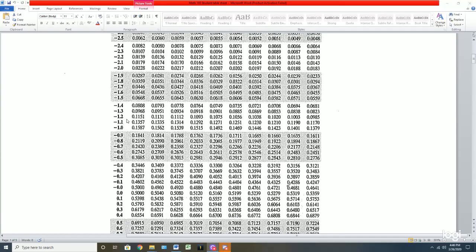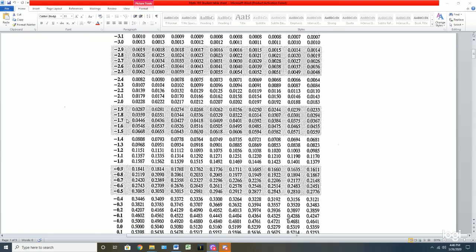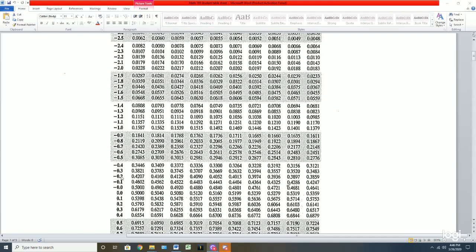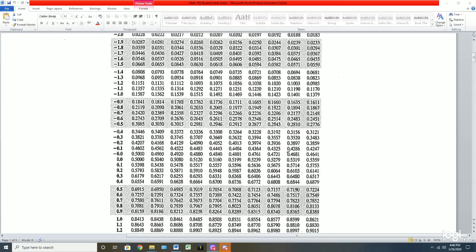Since it's negative, I go up here now to negative 0.2, which is right here. Negative 0.2 is my first two numbers, and the last number is a 3. So the area I'm looking for should be right here, 0.4090.